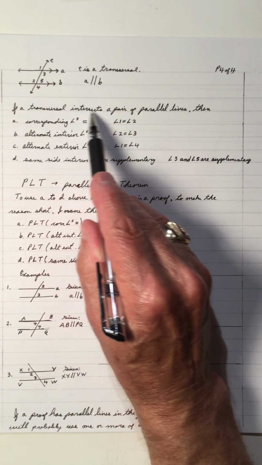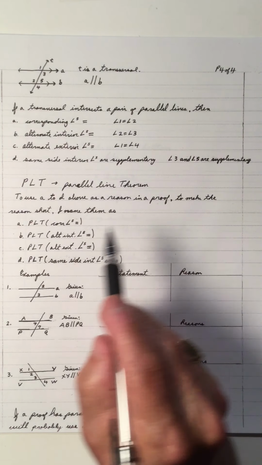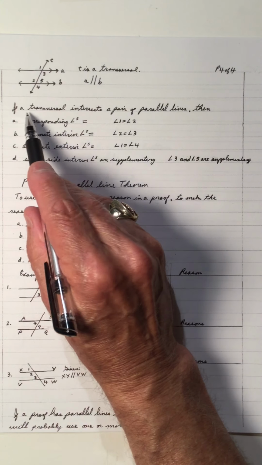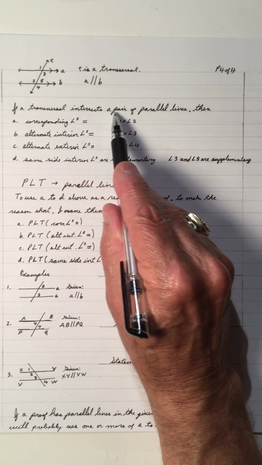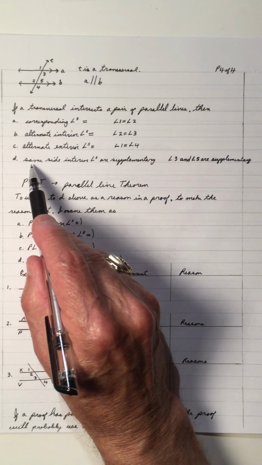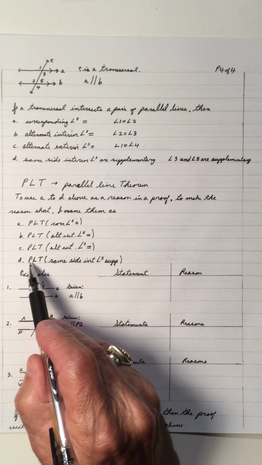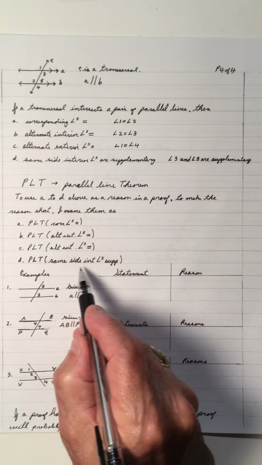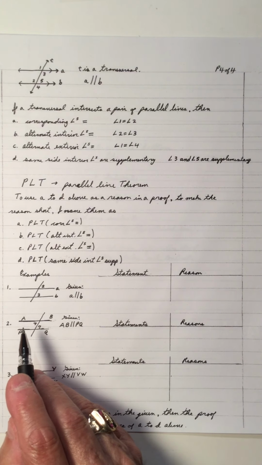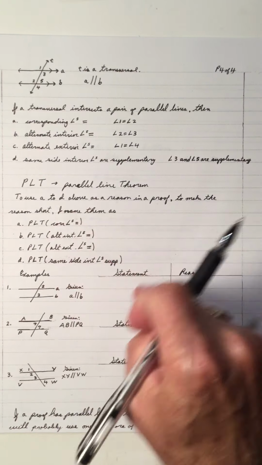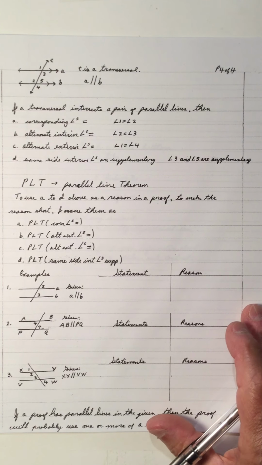Again, saves this long worded sentence. And if the transversal intersects a pair of parallel lines, then the same side interior angles are supplementary. Again, say PLT, same side interior angles supplementary. So I use that statement.